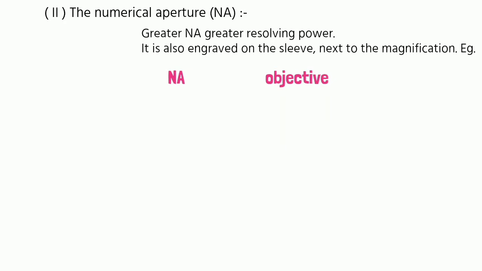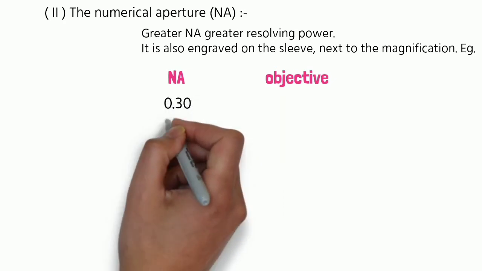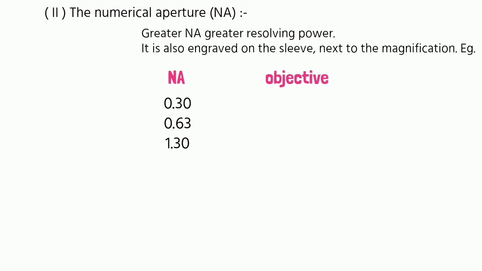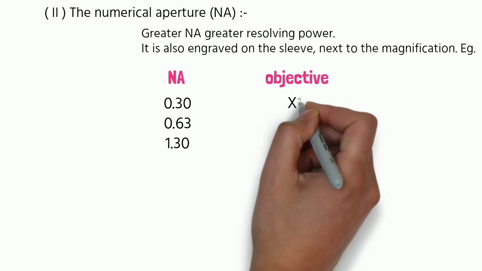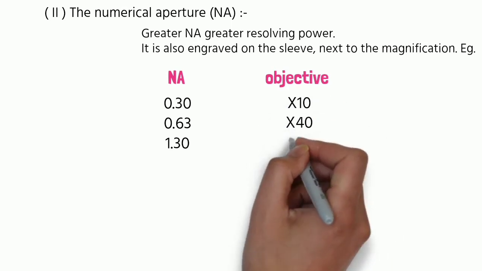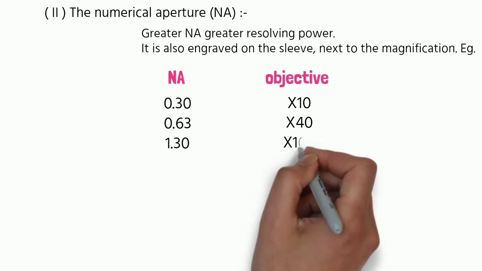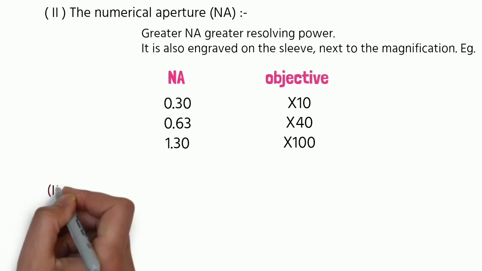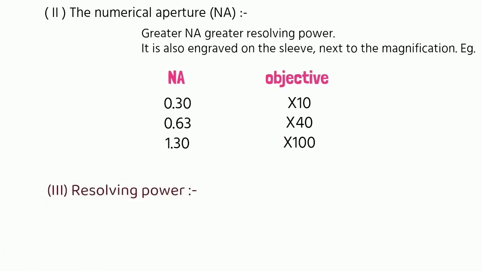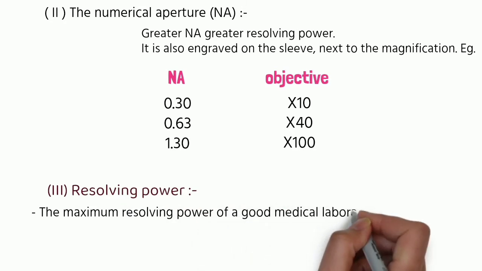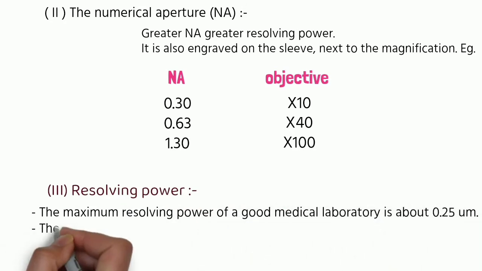For numerical apertures 0.30, 0.65 and 1.30, the objectives are x10, x40 and x100. Then resolving power. The maximum resolving power of a good medical laboratory microscope is about 0.25 micrometer.